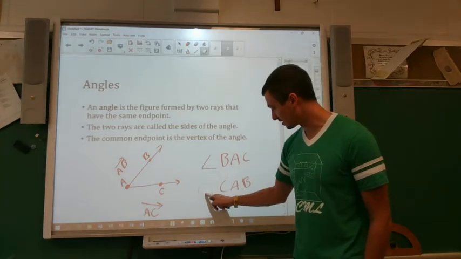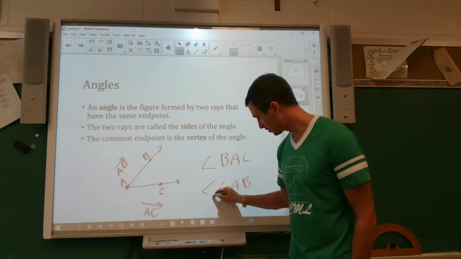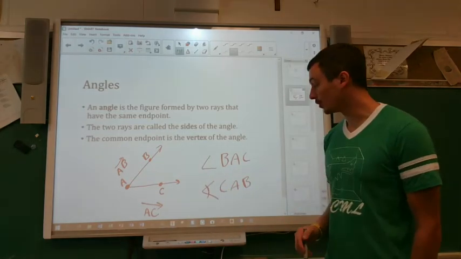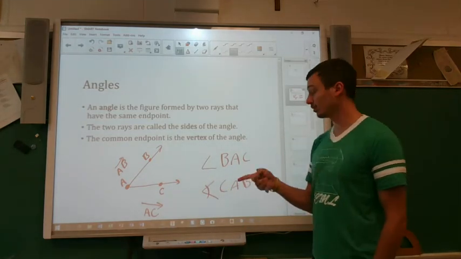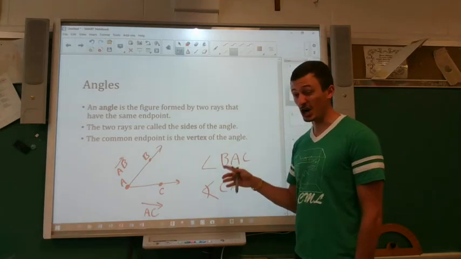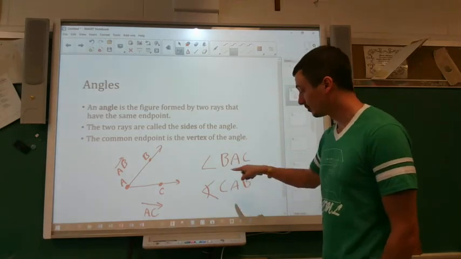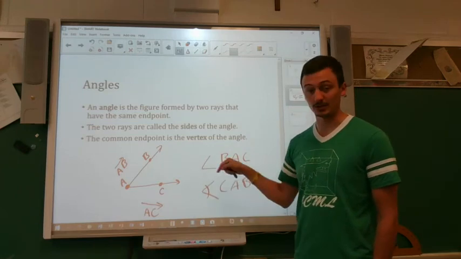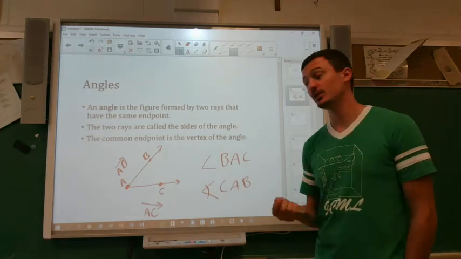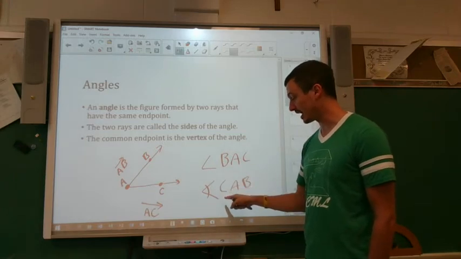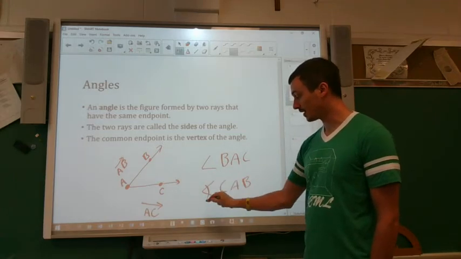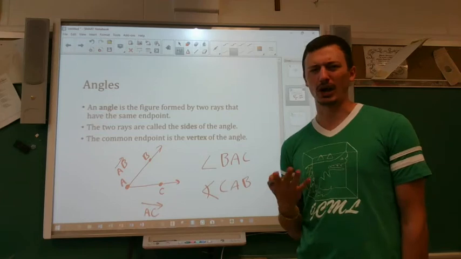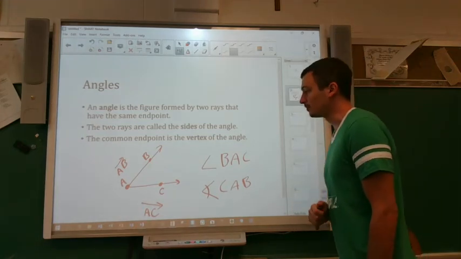This is a sloppy symbol. So there's two symbols that mean angle. One, it's not a less than symbol, it looks like it, but this bottom line is flat, and then the other side goes up. That's one way to say angle. The other way is to have just a less than symbol, with a line through the more angular part of it.